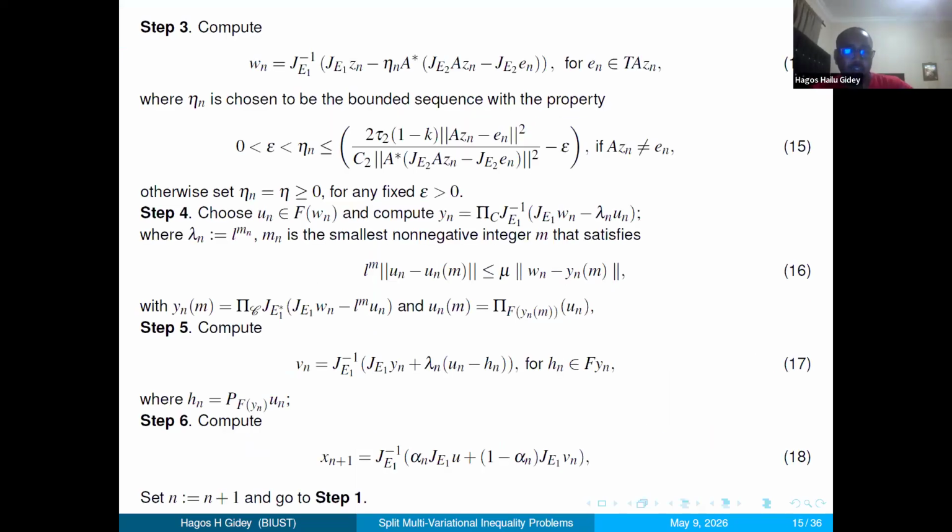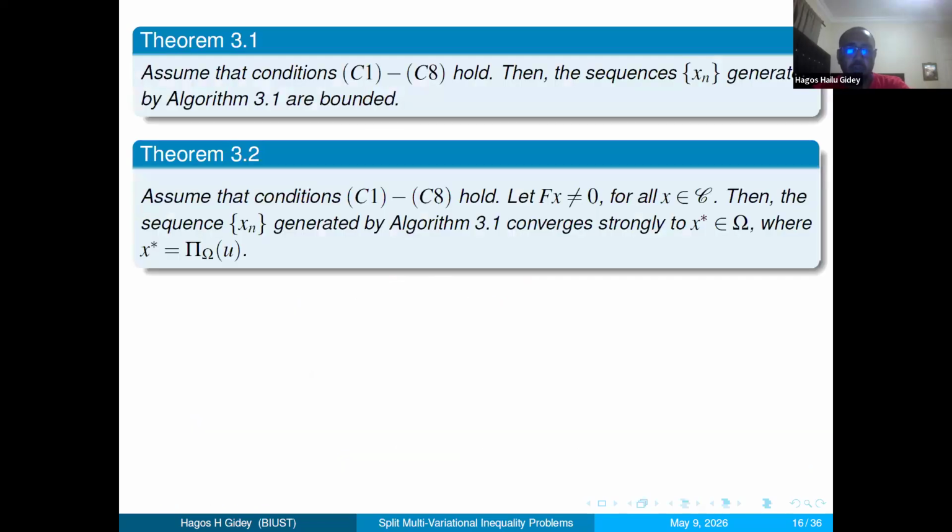And then these are the 6 steps. You can just have a look at this number of steps. And then I will go to the main theorems. The first one is the boundedness: the sequence generated by the algorithm is bounded. After boundedness, we go to the convergence.